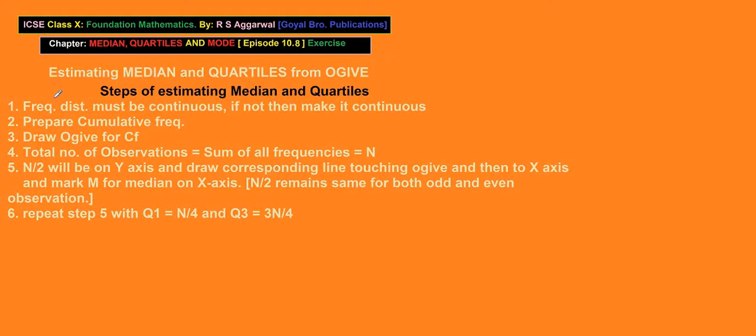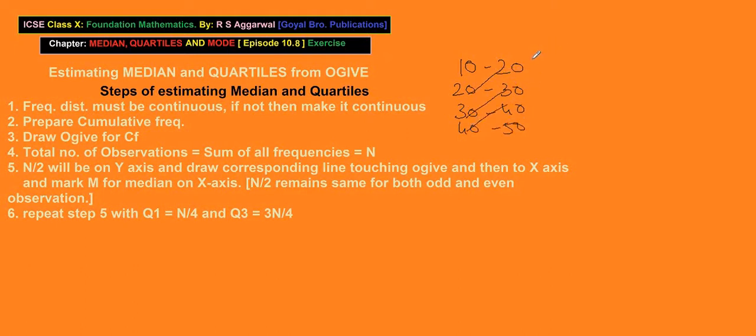First step is to put the frequency distribution in a continuous form. If it is in a continuous form, then it is not a problem. If it is not, then you have to make it continuous. For example, if it is like this, 10-20, 20-30, 30-40, 40-50, then this one is continuous.